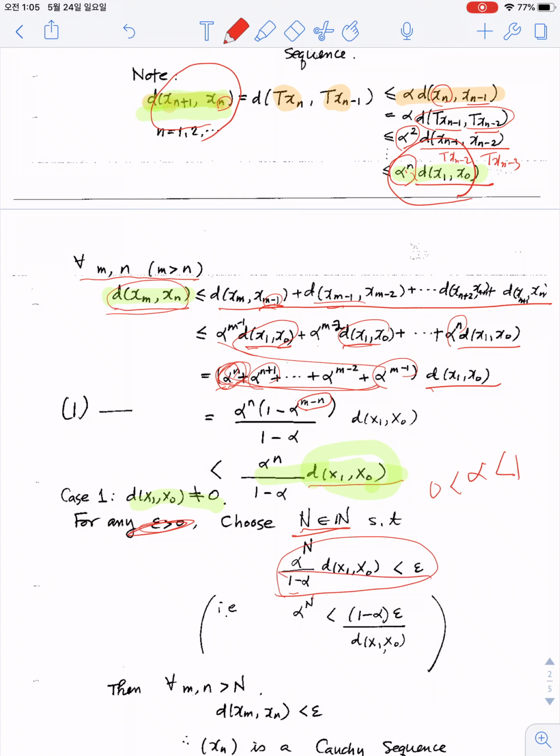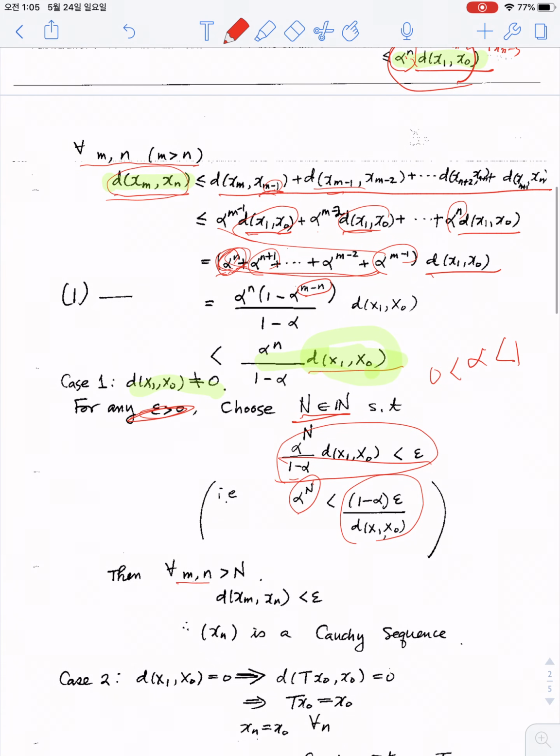So you solve this one for alpha to the n being less than this guy. Then for every m and n greater than capital N, d(xm, xn) is less than epsilon, right? So if n is greater than capital N, then this is this guy, and then 1 minus alpha to the n times d(x1, x0).